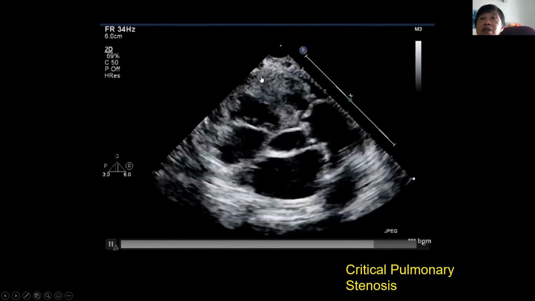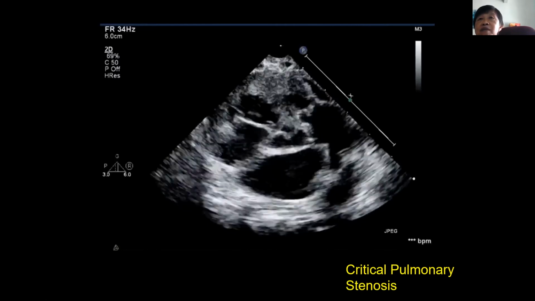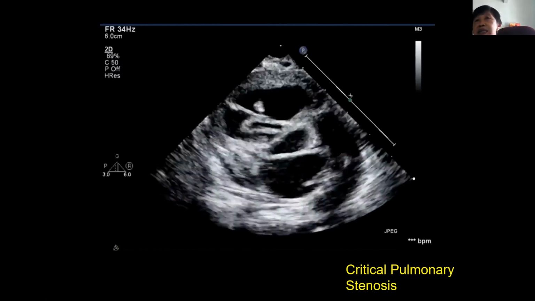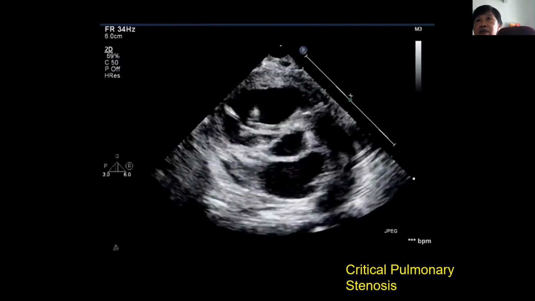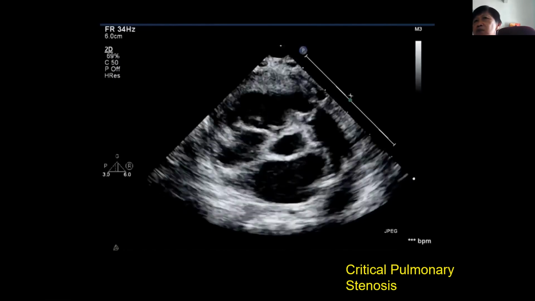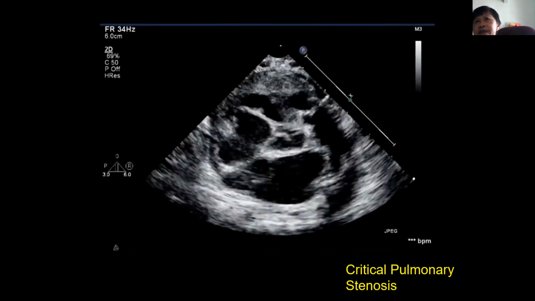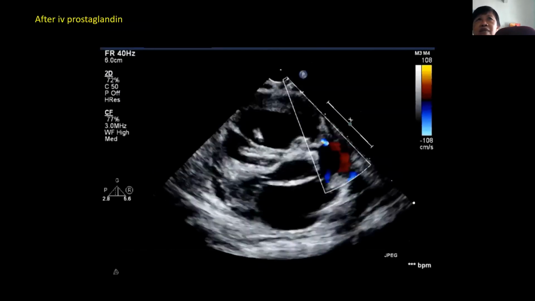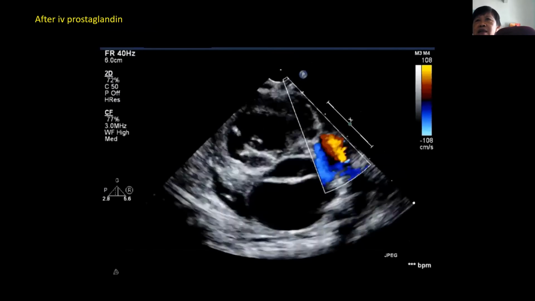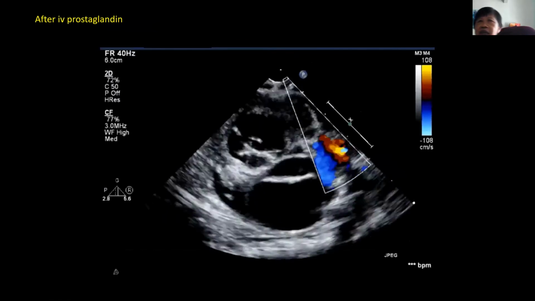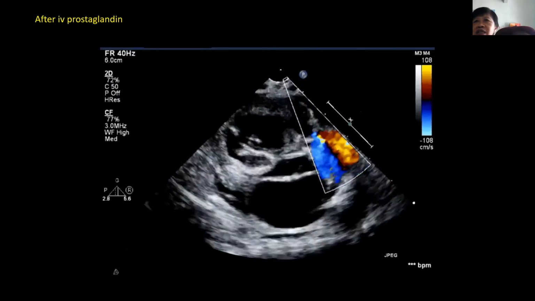So a critical pulmonary stenosis patient will become cyanosed, and when you measure the pressure gradient, it will be like 60 to 70 millimeters of mercury. Normally it's around 10 to 15. So this is really severe obstruction to the right ventricular outflow tract. So we start the patient on IV prostaglandin. Of course, this patient would have been intubated and ventilated, and the saturation did not come up.